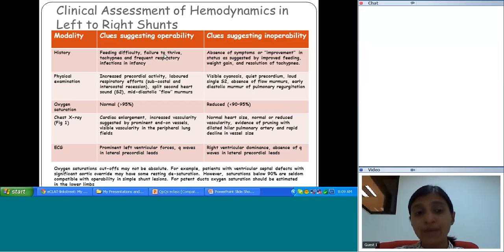Again, ECG showing right ventricular dominance and absence of Q waves in the left lateral leads is an ominous sign and suggests that the patient perhaps has pulmonary vascular disease. So these are some of the clues that we can use for assessment. And as I mentioned earlier, the majority of the patients can probably be assessed just clinically and with an X-ray and ECG. It is only a small minority that should be put forward for cardiac catheterization.